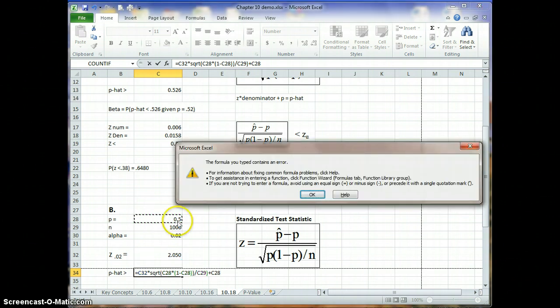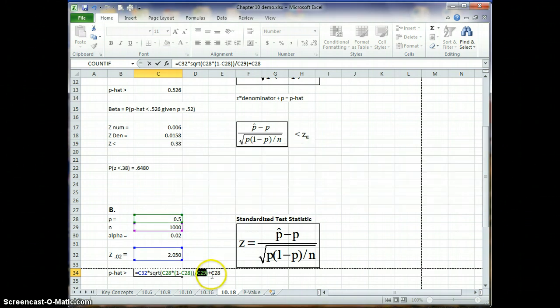Oh, it didn't like something in my formula here.